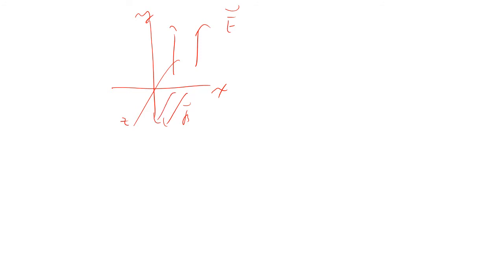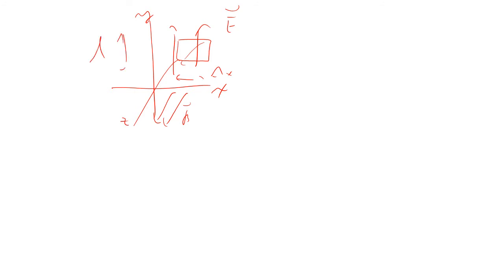Let's imagine doing an integral up here. There's a magnetic flux through this loop in the XY plane. We'll say it has some width delta x and some height L.